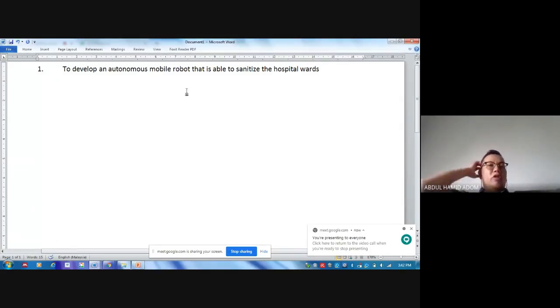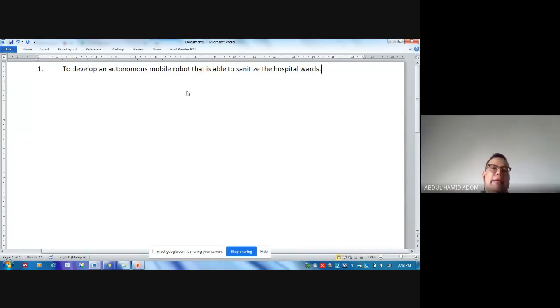Okay, to develop an autonomous mobile robot. Maybe that is the main objective. If you want to break it up into more, then you can say, this one can be the second one.